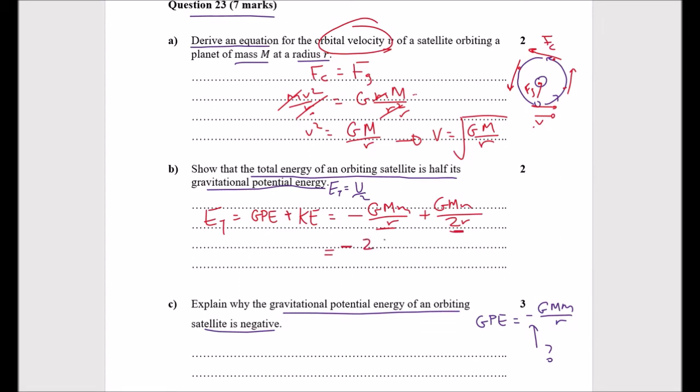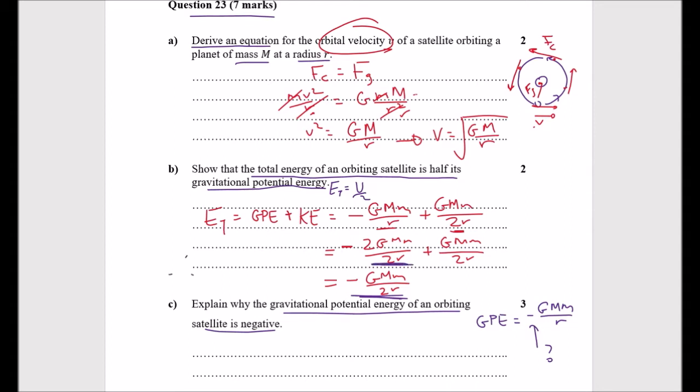So you have negative 2GMm over 2r plus GMm over 2r, and you find that the total energy is just negative GMm over 2r. And what we can see is this value here is exactly half the gravitational potential, which is this value here. So therefore, total energy is just equal to half of U, U over 2.